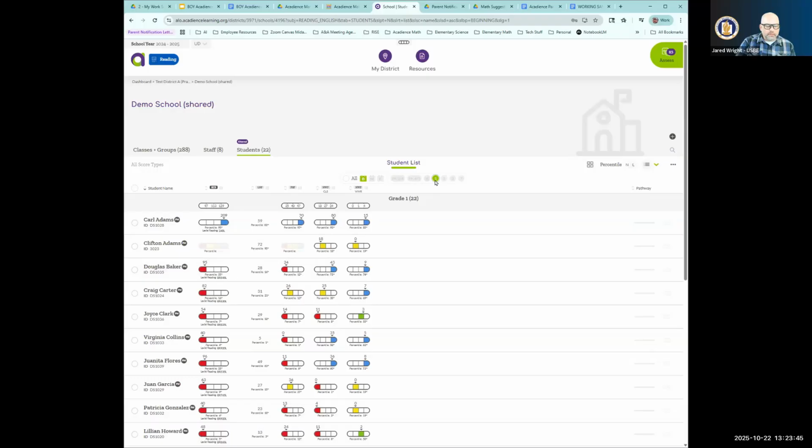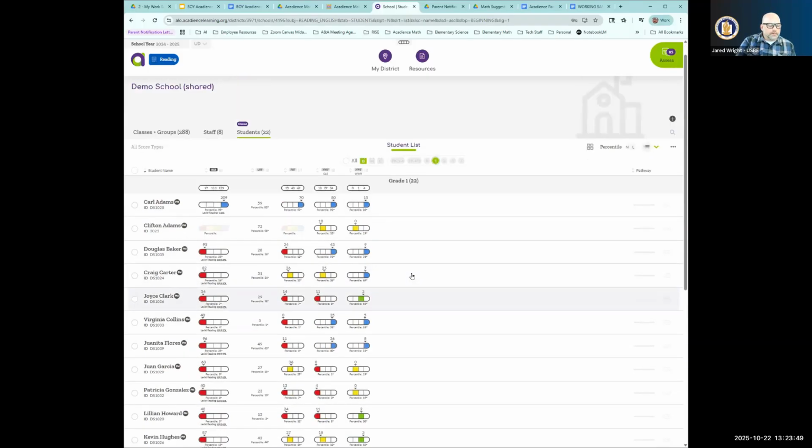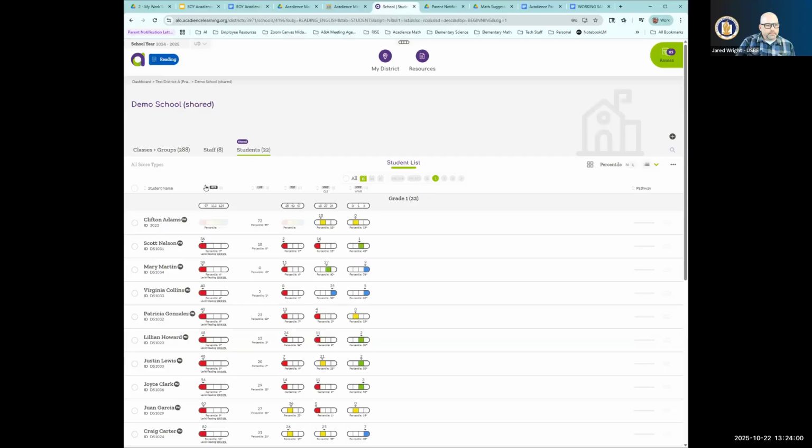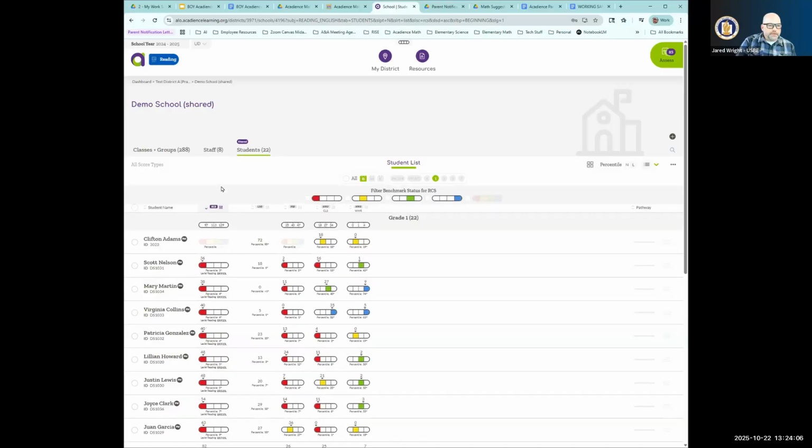So these are students who are in first grade or took the first grade tests. And then I can see the information at the top of the columns. On the left side is where you can sort based on color. Well, it sorts high or low. And then on the right side, you can also filter based on color.